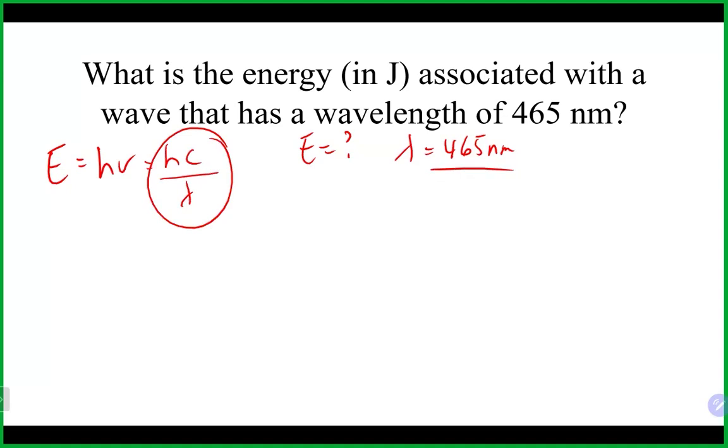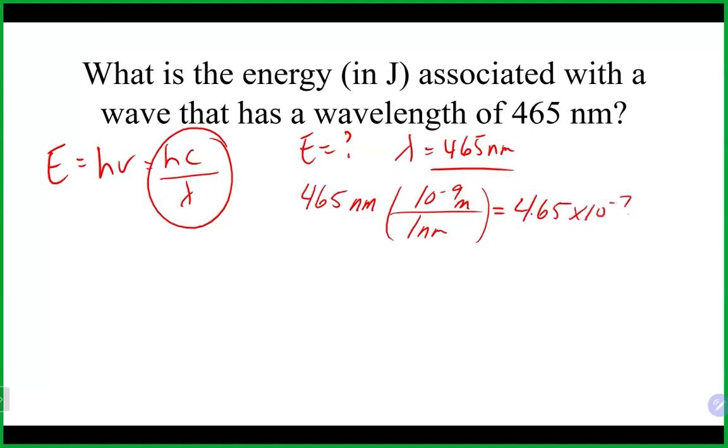We do have to convert it to meters. We'll take our 465 nanometers, and 1 nanometer is 10 to the minus 9 meters. So 465 times 10 to the minus 9 gives us 4.65 times 10 to the minus 7 meters.